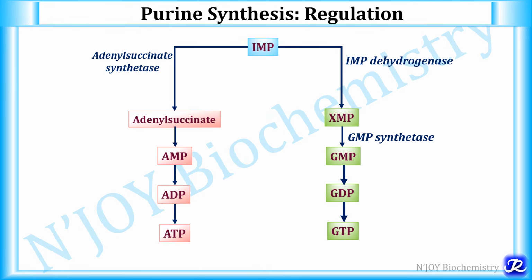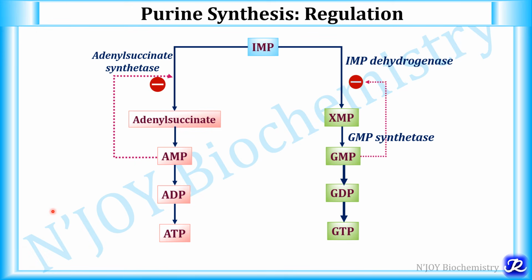From the IMP, first there is formation of adenyl succinate by adenyl succinate synthetase, and from this IMP, xanthosine monophosphate is formed by IMP dehydrogenase, and from this xanthosine monophosphate, GMP is formed by GMP synthetase. And further there is formation of AMP and GMP, and in this reaction AMP is the inhibitor of this adenyl succinate synthetase, and that's how it regulates its own synthesis by feedback mechanism.